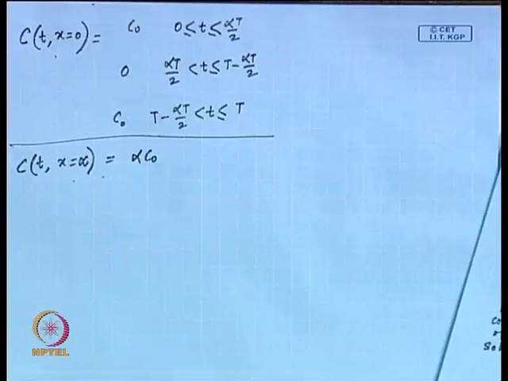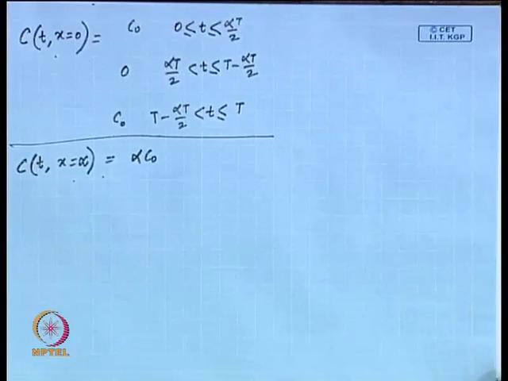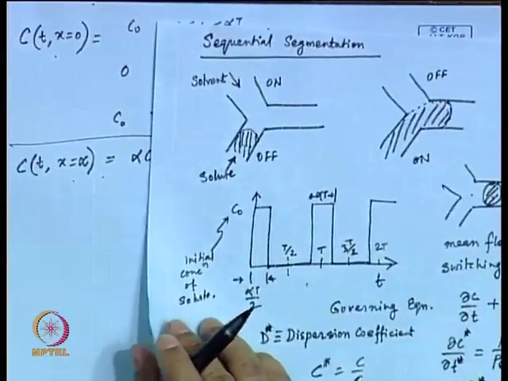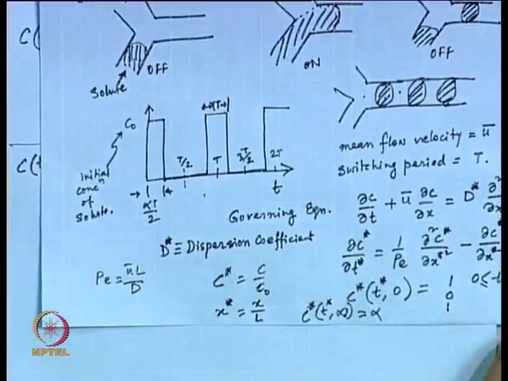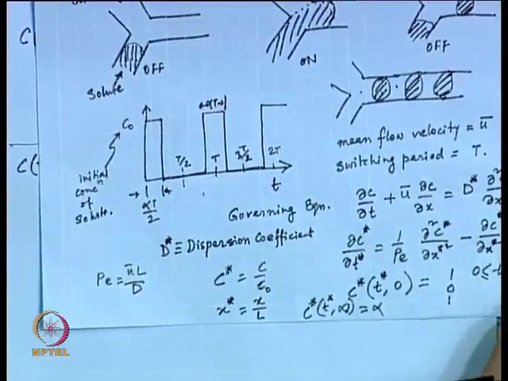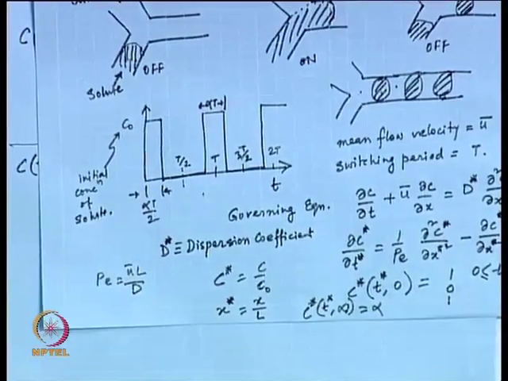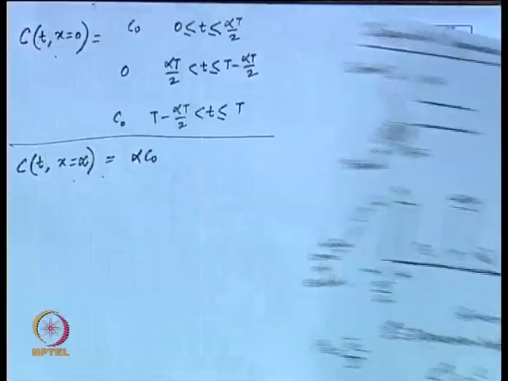Ideally, this should be done numerically. There is an analytical solution also available, but numerically it would probably be better to solve it, because it is a long expression if I start writing the analytical form. So that is what you have as sequential segmentation.